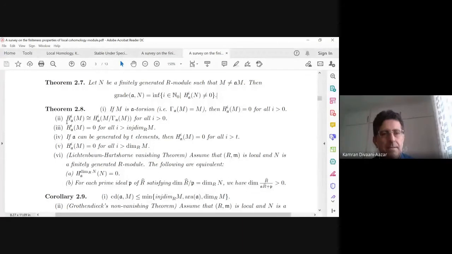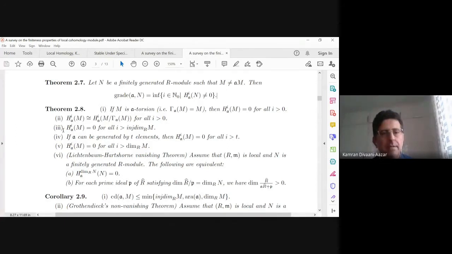The second says that the ith local cohomology of M with respect to A is isomorphic to the ith local cohomology of M over Gamma A of M with respect to A for all positive i. And local cohomology can be computed by using injective resolutions.